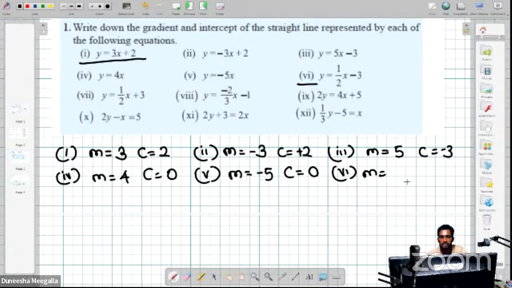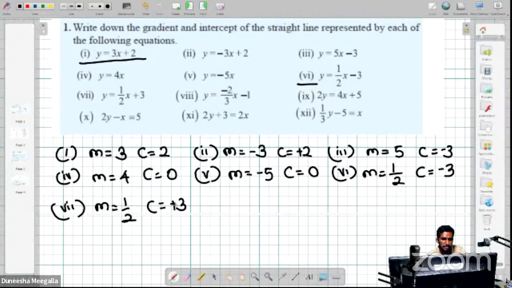The sixth one, what is the gradient? The gradient is 1/2 and the intercept is -3. The seventh one: gradient is half, and the intercept is +3. The eighth one: what is the answer?